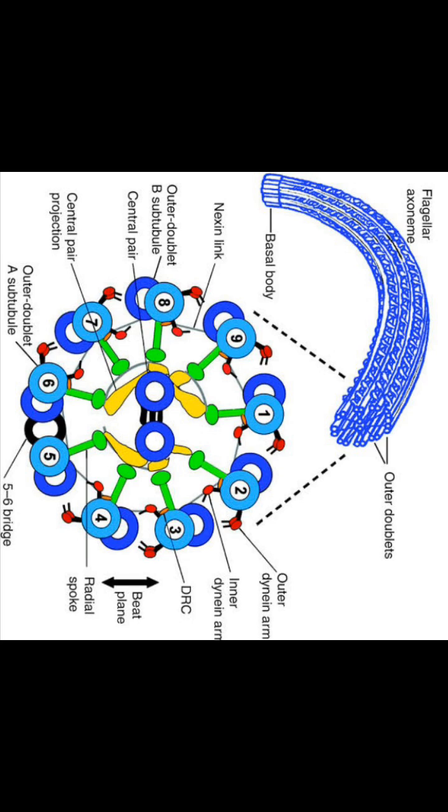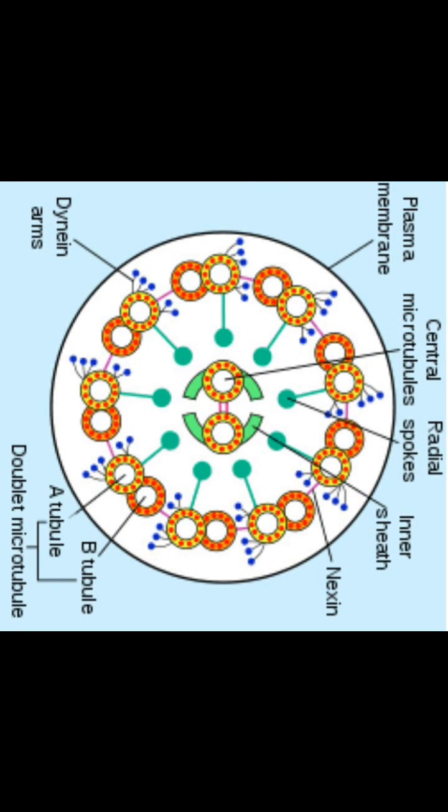So students, here I will show one more diagram. You can see in this diagram, students, the pink color, those are called linkers. So the peripheral 9 doublets are also interconnected by linkers. So how many linkers can be seen? 9 linkers. 9 peripheral doublets, 9 radial spokes and 9 linkers.